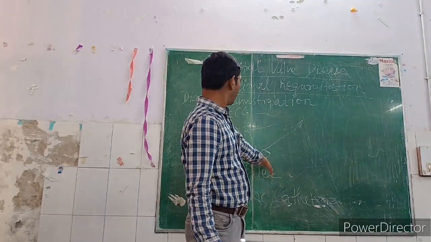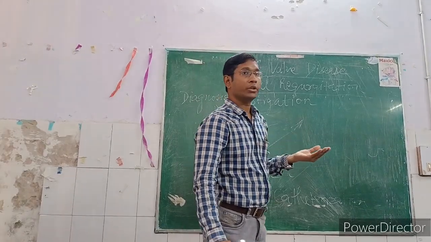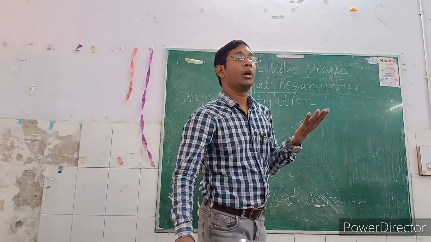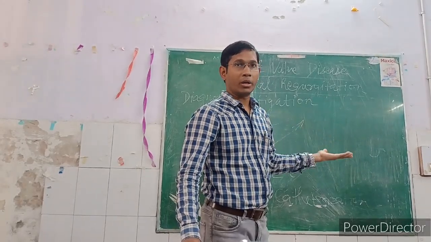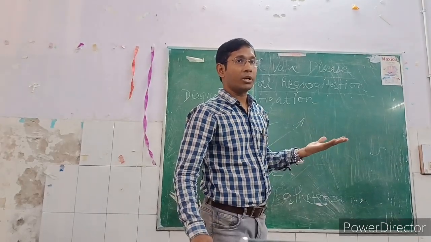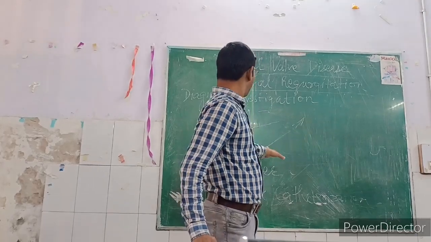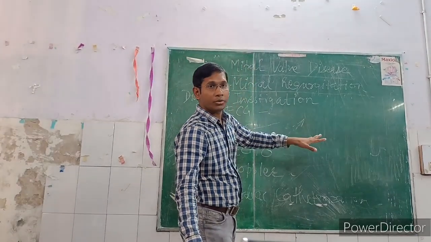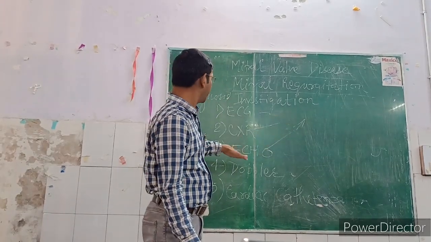Because in regurgitation there are chances of complications like infective endocarditis, we may get vegetations, prolapse, cuspal rupture or chordal rupture. So there may be other structural abnormalities which lead to the regurgitant lesion.